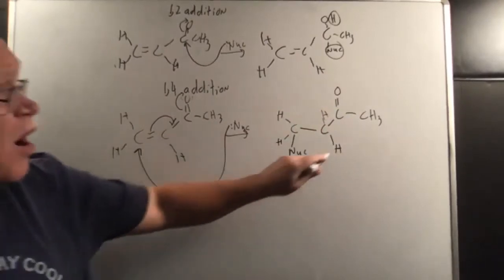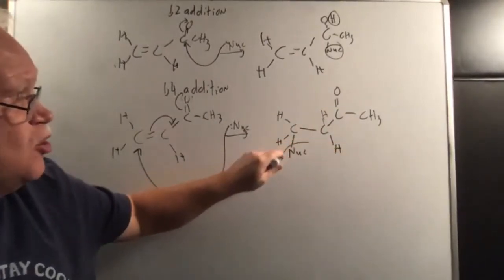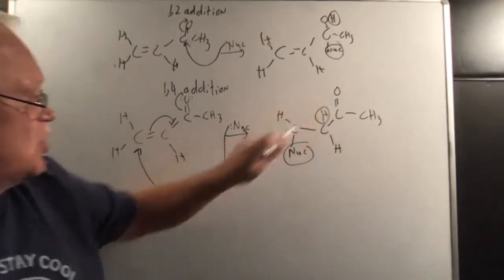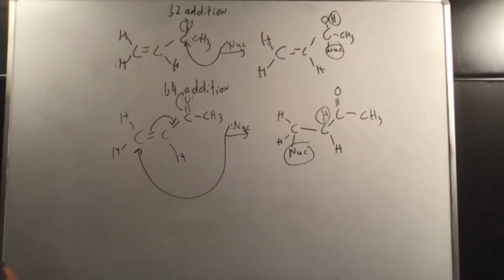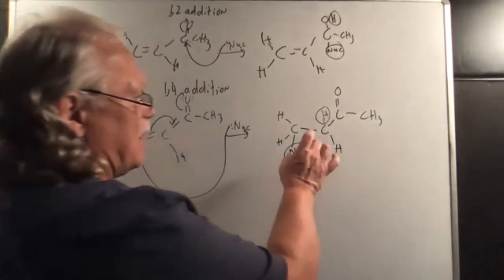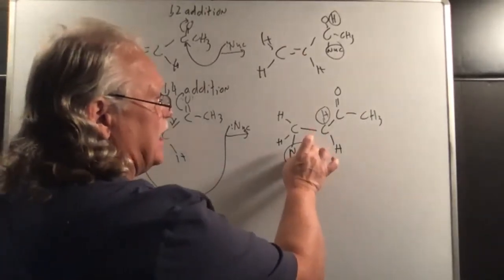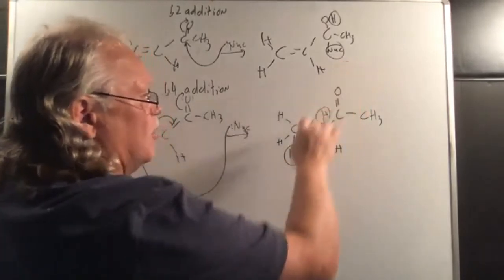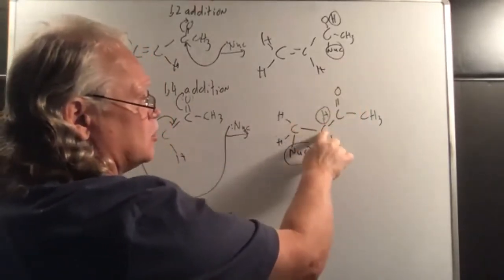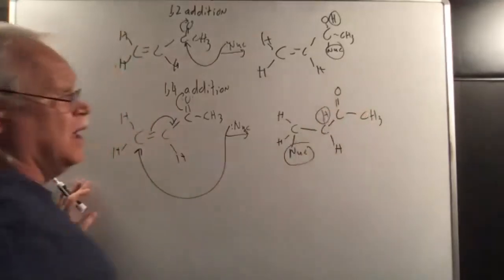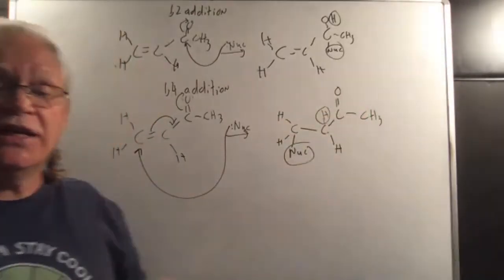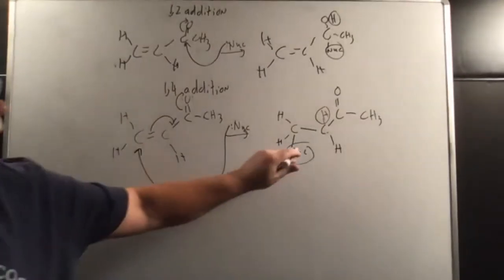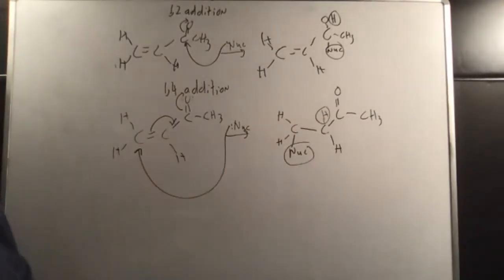Notice the overall result is that the nucleophile and the H have added across the C double bond C. But in the initial step, notice the nucleophile added here and the H added here. And that's why they call it 1, 2, 3, 4. But we get the addition across the C double bond C with the nucleophile because of the tautomerism.